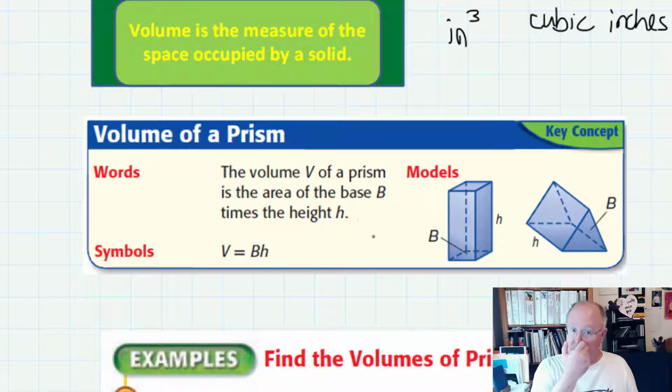Now prisms are 3-dimensional rectangles and triangles. You can have a rectangular prism, you can have a triangular prism. I'm sure you could have a trapezoidal prism, things like that. When you talk about circles, that's a different story, and it has its own name for the 3-dimensional portion of it.